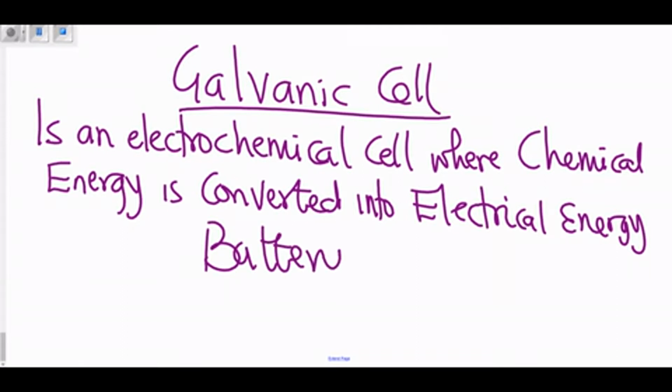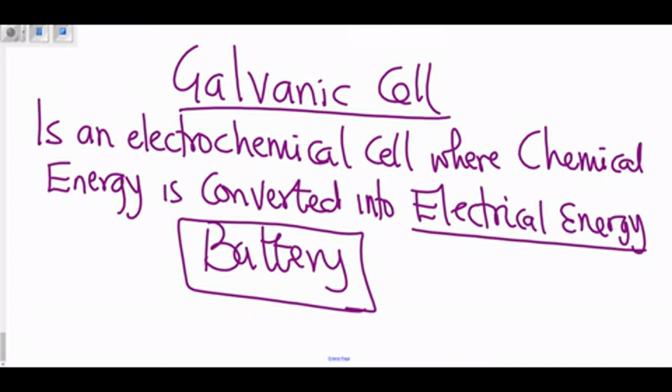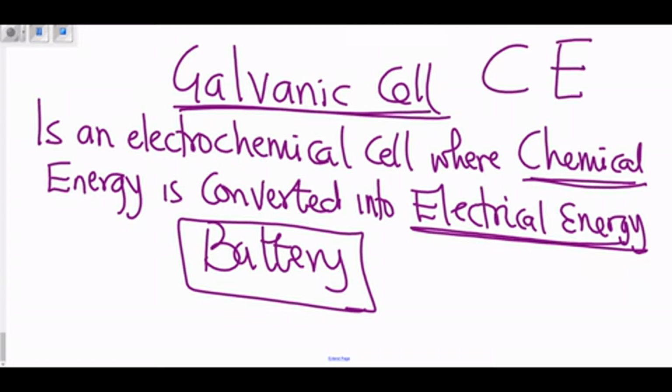Every battery you use, you actually produce electrical energy by using what? Chemicals. So a galvanic cell is an electrochemical cell that converts chemical energy into electrical energy. So a galvanic cell converts chemical to electrical. That we need to know.